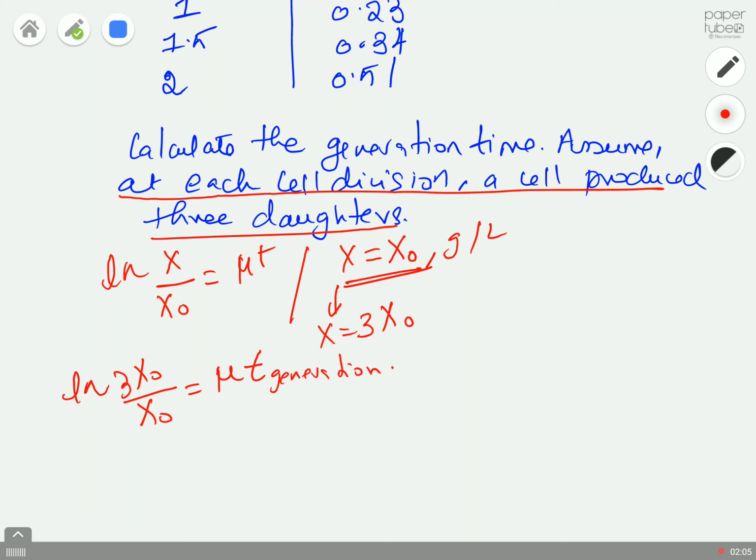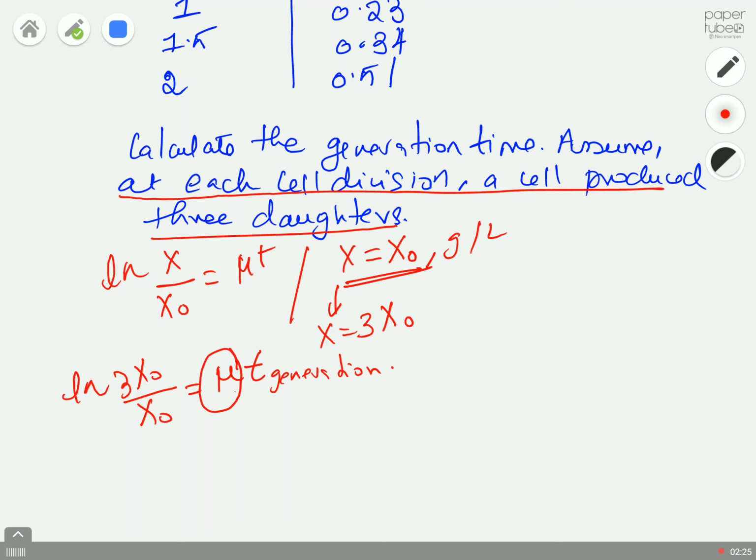So we need to calculate the specific growth rate. How to get this value? It's not difficult.